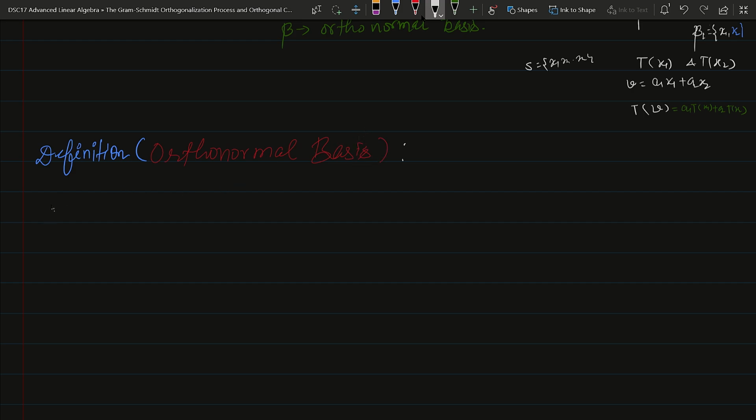So let us start the definition, and to define this we need a vector space. So let V be a vector space.